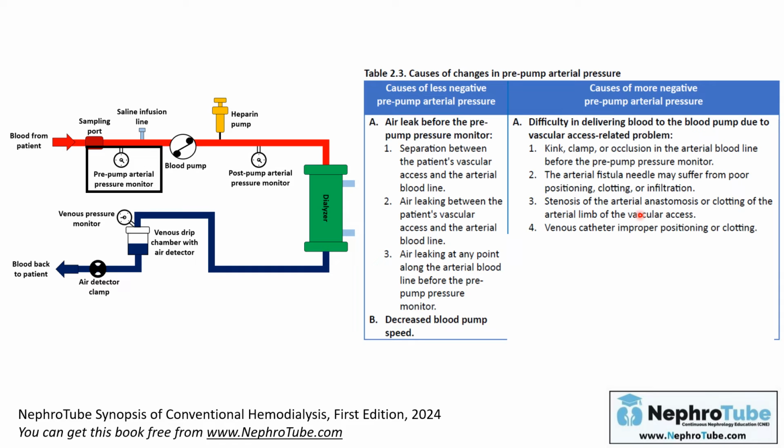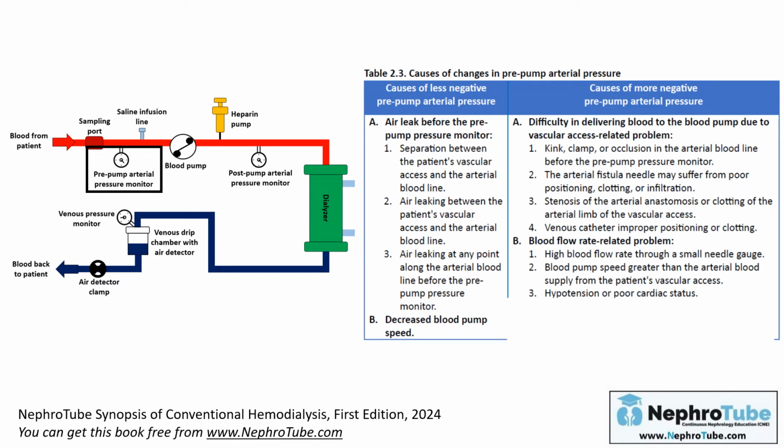Any stenosis of the arterial anastomosis or clotting of the arterial limb of the vascular access of the patient, or if the patient is using a venous catheter, it may have improper positioning or clotting. So any difficulty to suck the blood from the vascular access, whether it is a fistula or a catheter, will cause more negative pressure in this area.